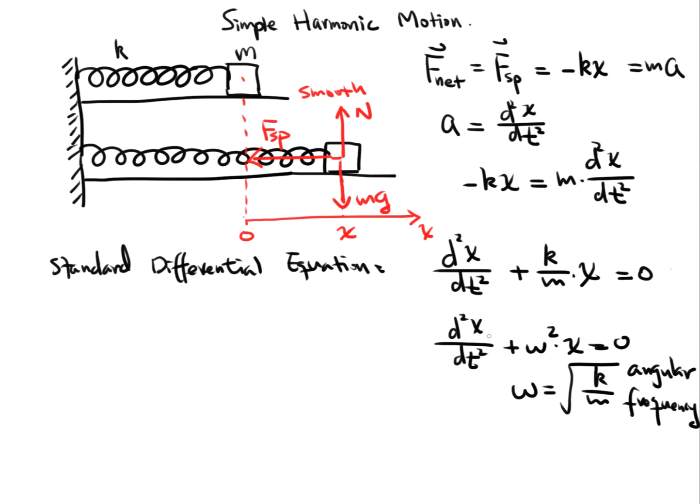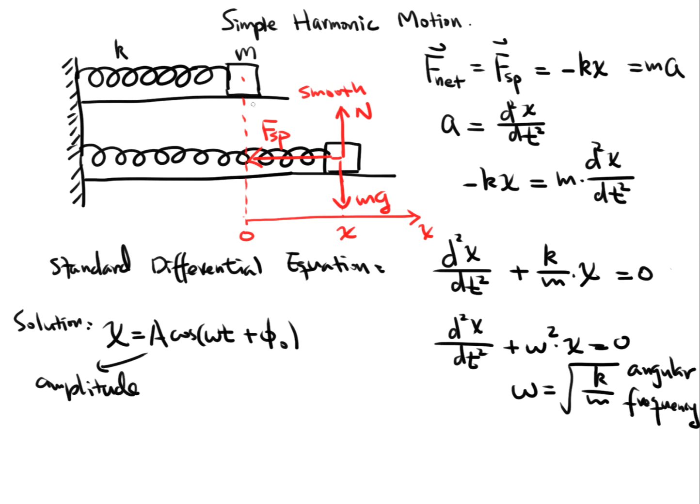Now the solution of this differential equation is given by x equals A cosine of omega t plus phi naught. A is the amplitude, so it depends on the initial condition.